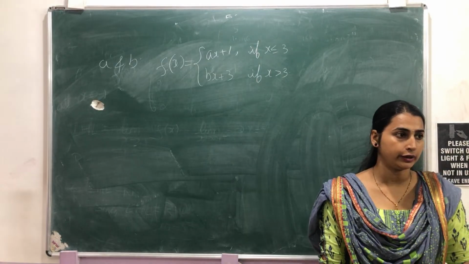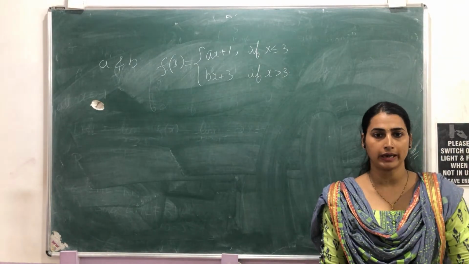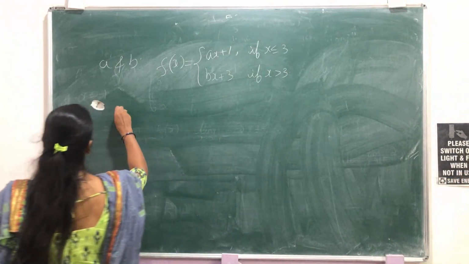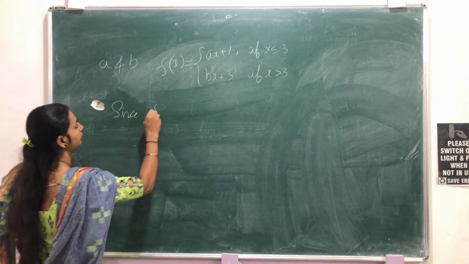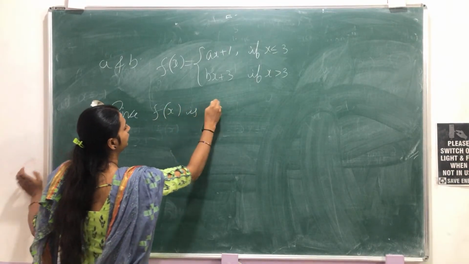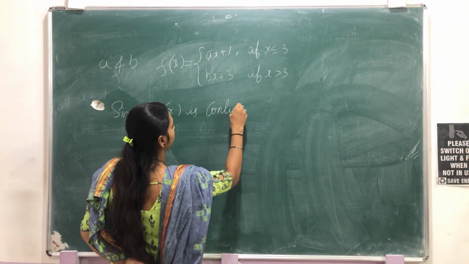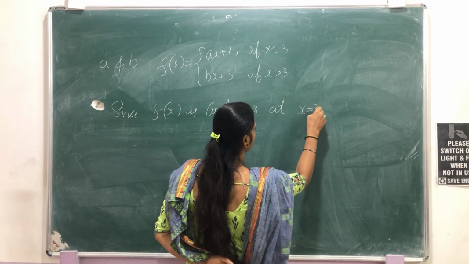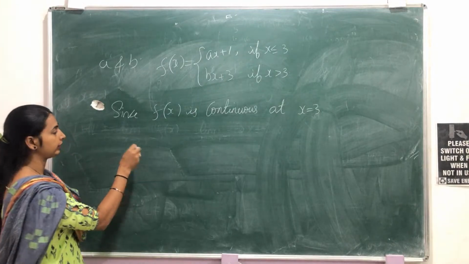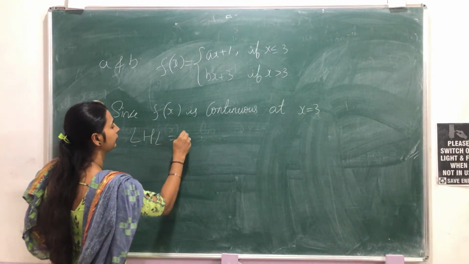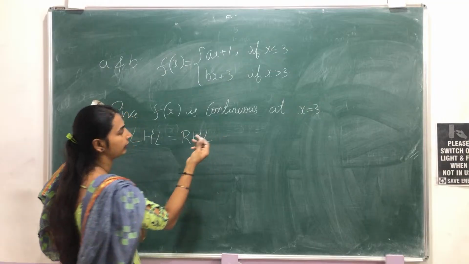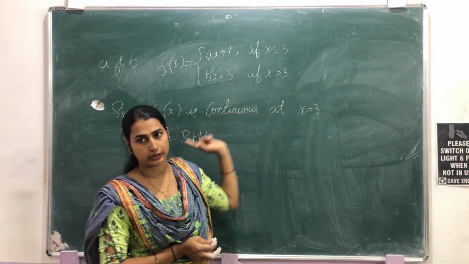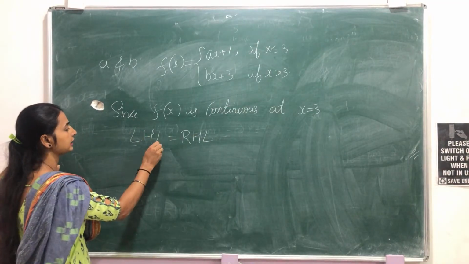If left hand limit equals right hand limit, which is equal to value at that point. This is what they have given in the question, so that you can make use. Since f of x is continuous at x equal to 3, we know that it is continuous only if left hand limit equals right hand limit equals value at that point. Since left hand limit and value at that point are the same, I'll mention only these two. What is left hand limit?